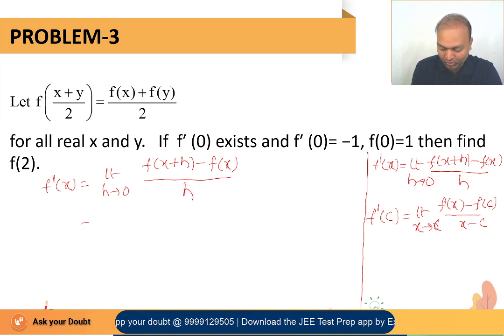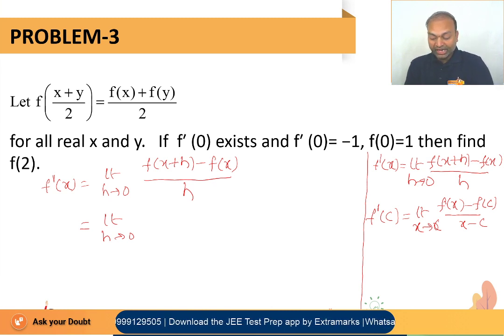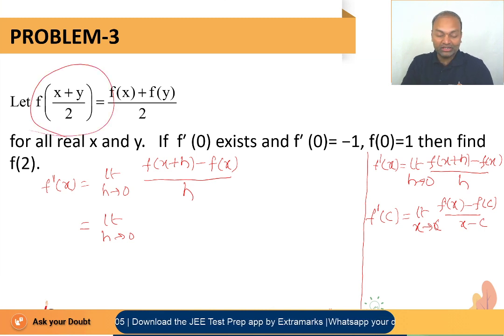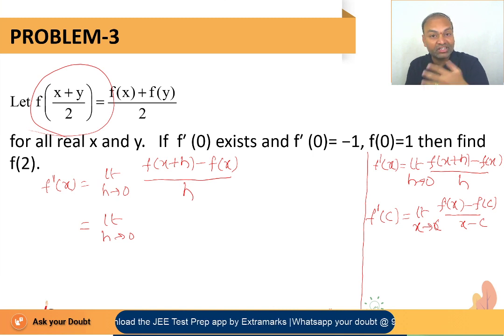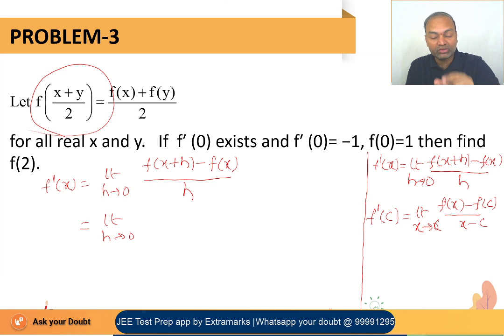That is equal to limit h tends to 0. Now what I told, this value you write in this format. In this format the denominator 2 is there, but here there is no 2. So as an adjustment, multiply and divide with 2.